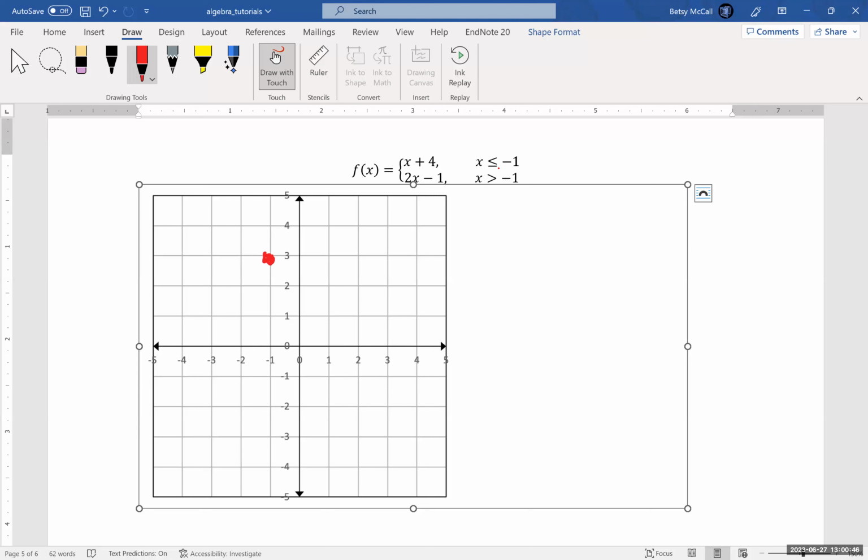And then I pick another point, let's say x equals -2, plug that in, I get 2. And then I connect my dots, my closed dot, and then I continue my graph for values of x that are less than -1. And then for my second piece, I still have to plot the endpoint.